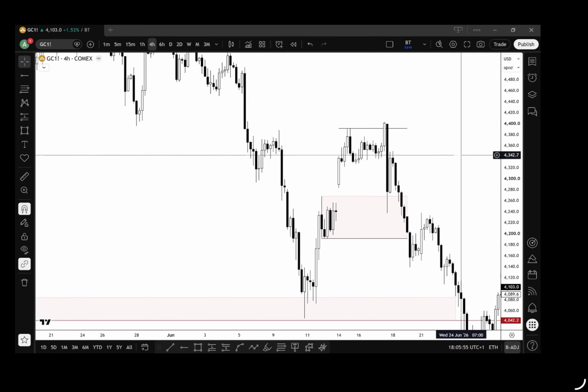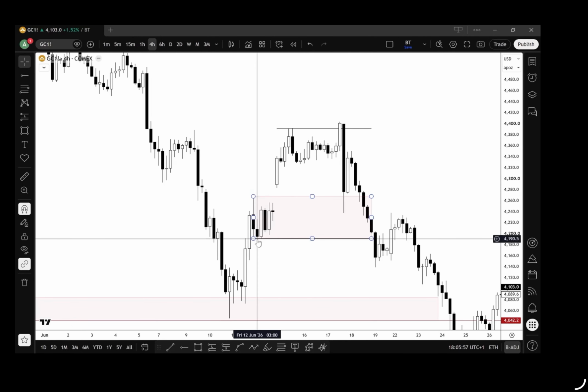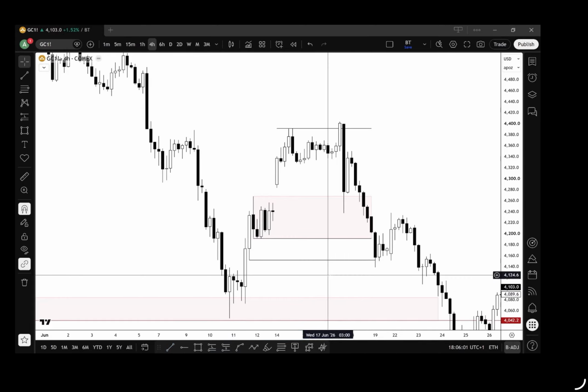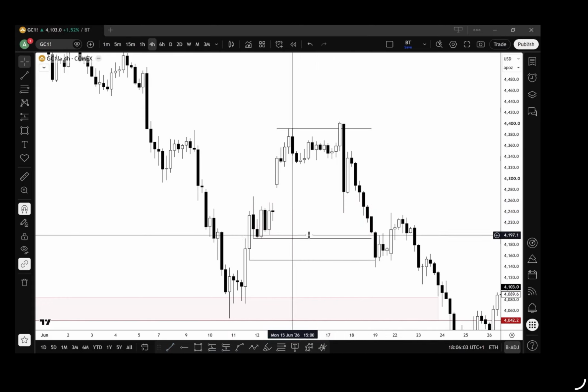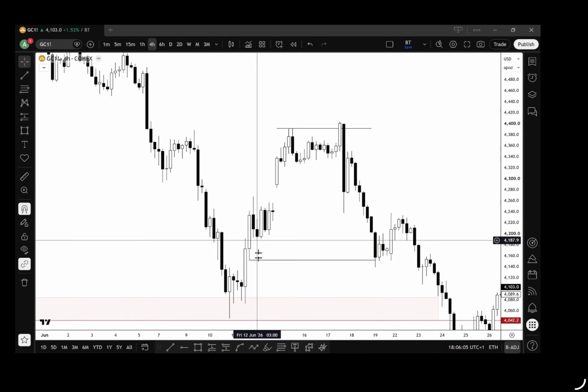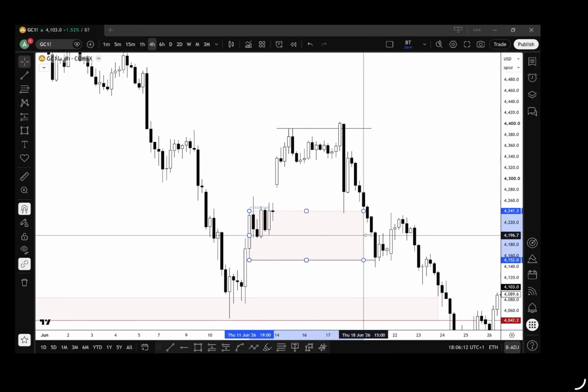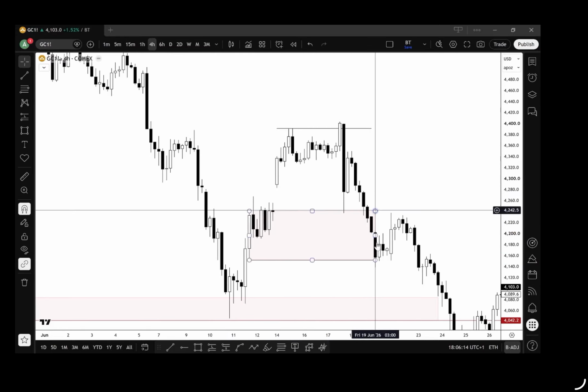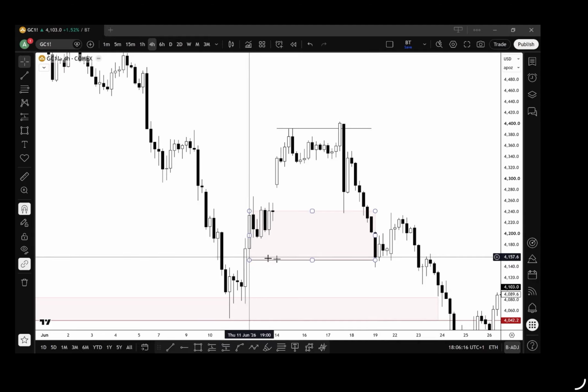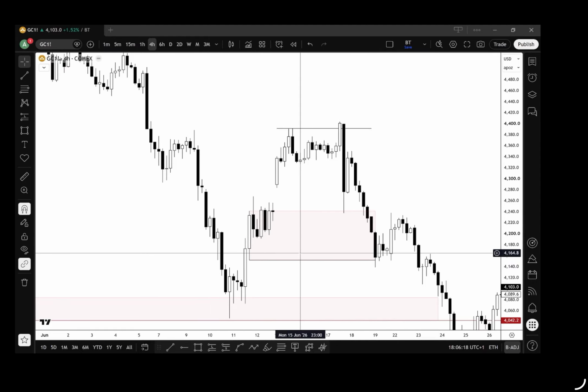As I was saying, we came and we hunted for all of this liquidity to the left. So I can in fact take this whole candle, and what we essentially did here was trap those early buyers.